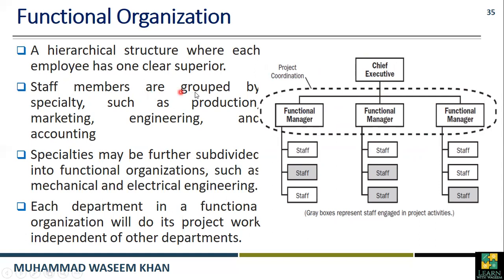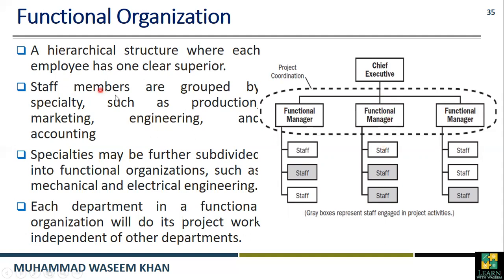Staff members are grouped by specialty. You can see the functional manager, for example, of accounting, which means all of the staff are accounting staff. And the functional manager of manufacturing means all the staff under this functional manager relate to manufacturing.